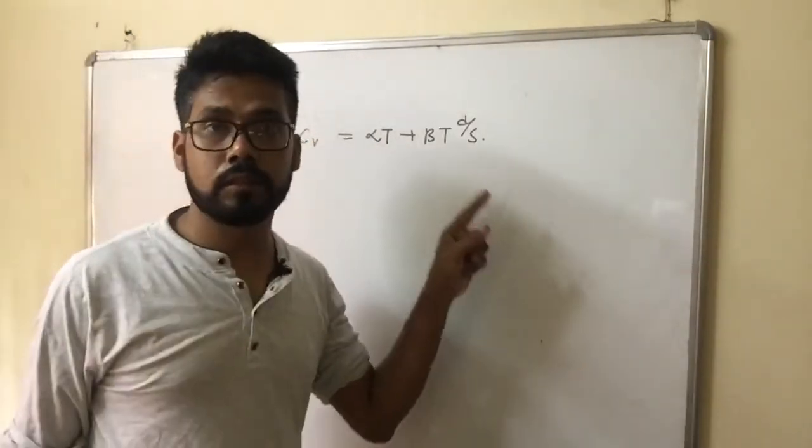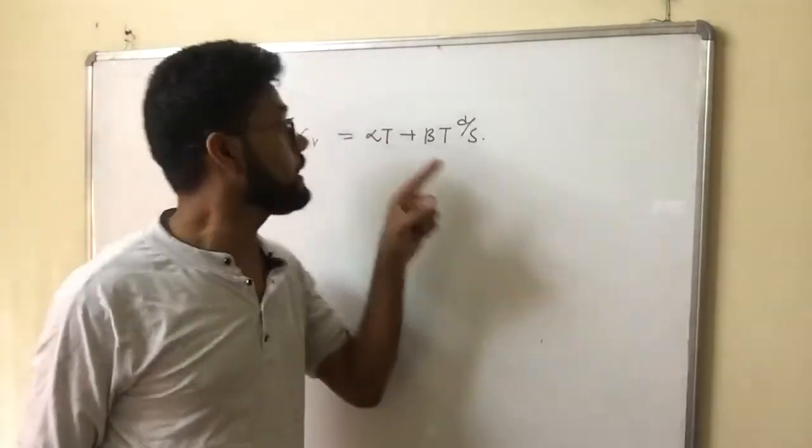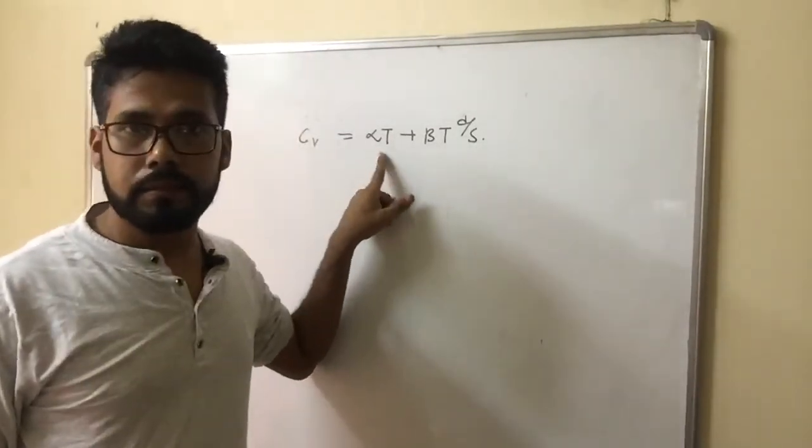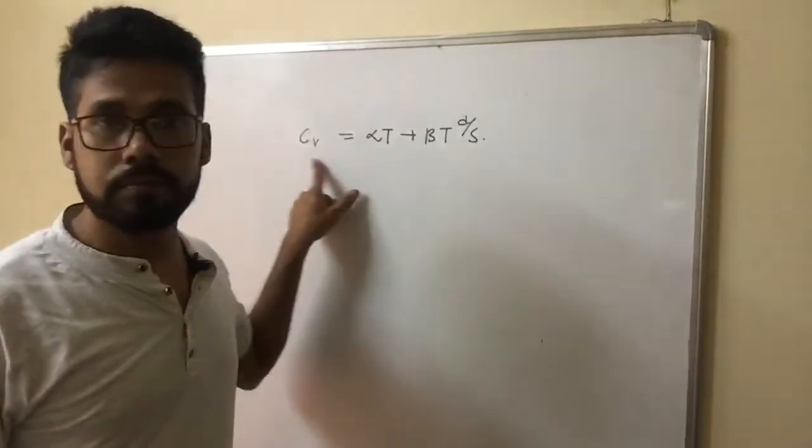The specific heat of a d-dimensional crystal is given by this one. And remember, this alpha T expression is valid for low temperature.